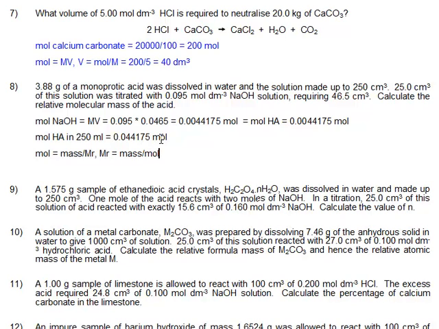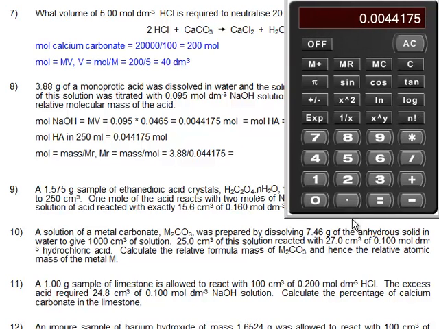The mass we've got is 3.88. The moles we've got is all of this. So let's bring our calculator in. And remember, we've got to multiply that by 10. We haven't done that, just to get the correct number of decimal places.